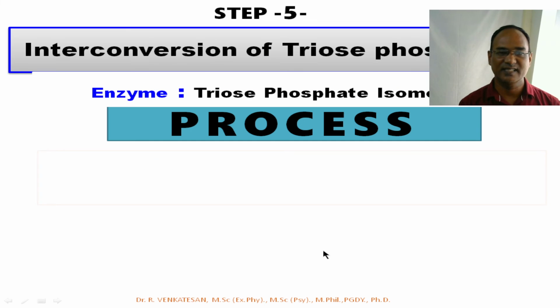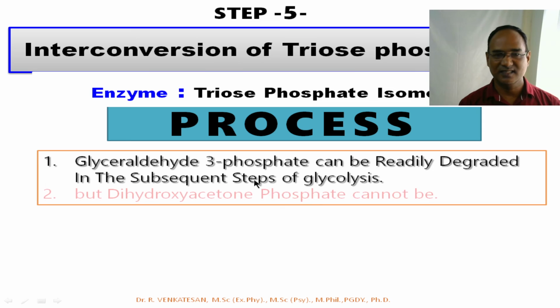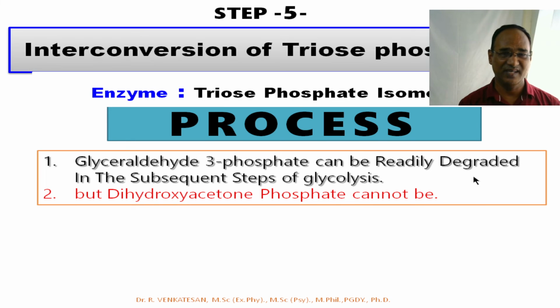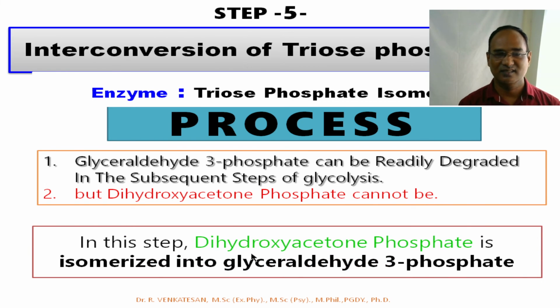And so the fifth phase is very simple: glyceraldehyde 3-phosphate can be readily degraded in the subsequent steps of glycolysis, whereas dihydroxyacetone phosphate is not in a readily available format, so it will react and be isomerized into glyceraldehyde 3-phosphate. So again, dihydroxyacetone phosphate contributes to produce glyceraldehyde 3-phosphate for the further steps.